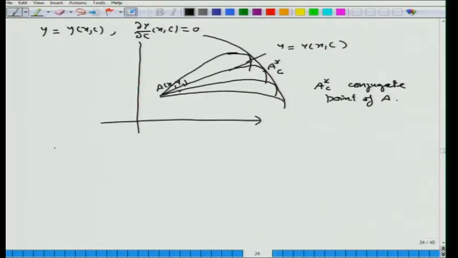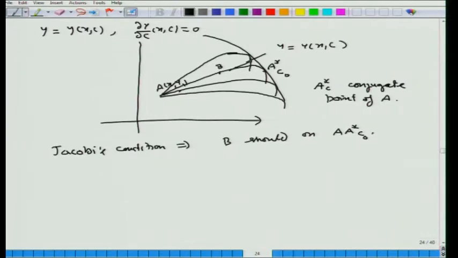So, the Jacobi condition implies that this point B should be on A star C 0 here. That is, for c equal to c 0, we are there on this A star C 0.